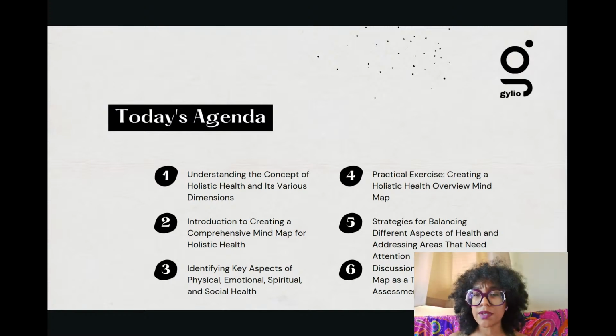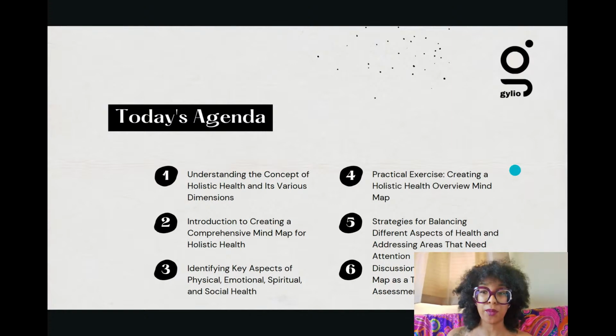We're going to give some practical exercises on creating a holistic health overview mind map for yourself, and strategies for balancing different aspects of health and addressing areas that need attention. We're also going to do a little discussion on using the mind map as a tool for ongoing self assessment and growth.